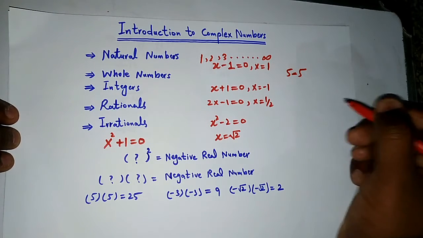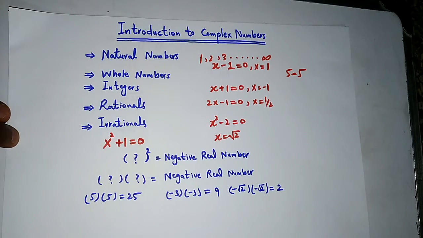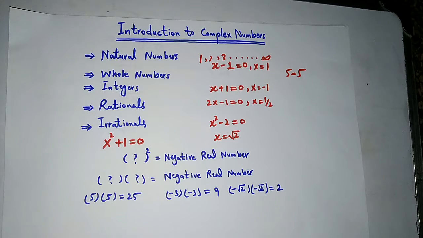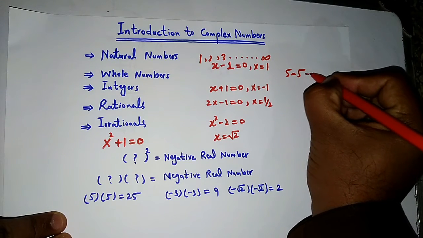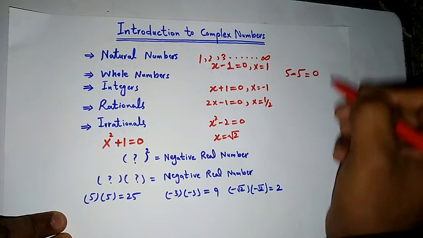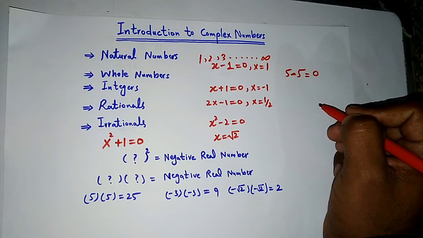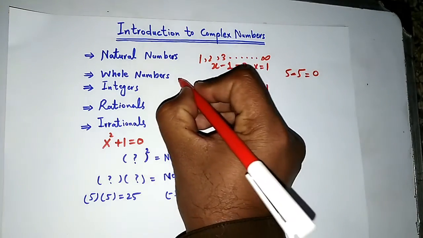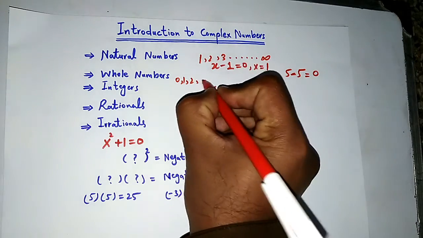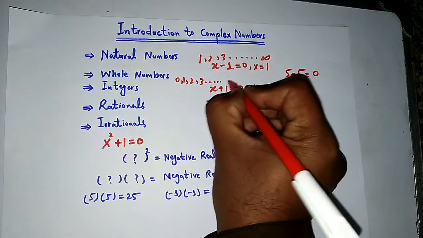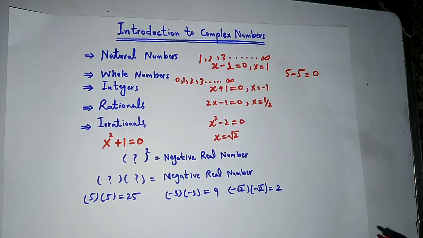So we generated a new number system which is called the whole number system. 5 minus 5 is equal to 0. 0 is not a part of natural numbers, so we made a whole number system which starts from 0, 1, 2, 3, and goes up to infinity.